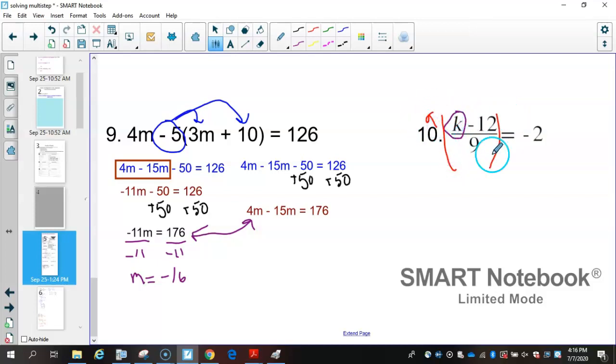So if I multiply this entire thing by 9 and multiply this by 9, these two 9s cancel, become 1. And then this becomes a simpler equation. I'm not going to solve the rest of that because I feel that you are very capable to find that answer. And the answers are posted.